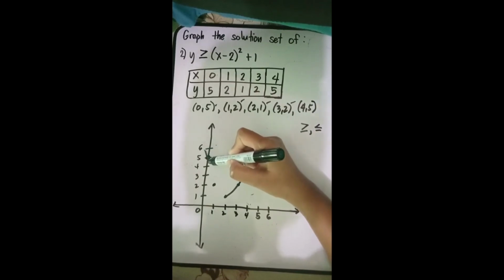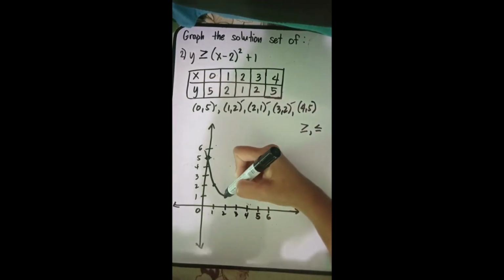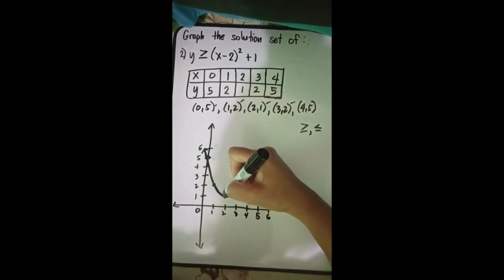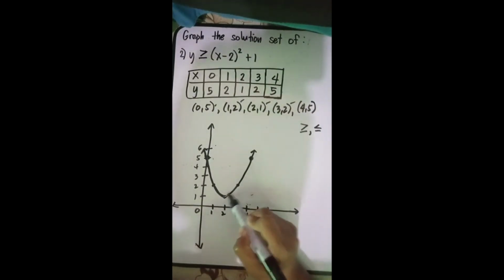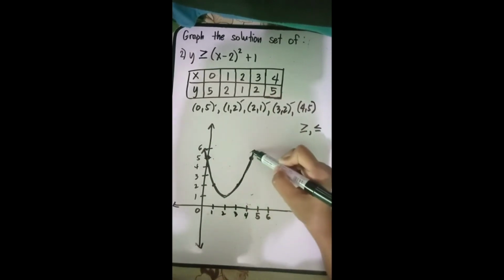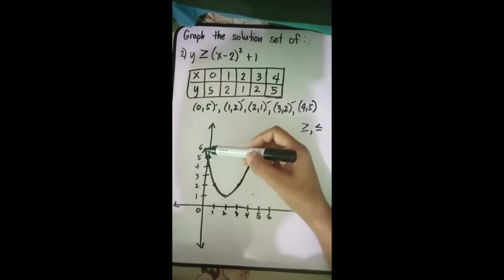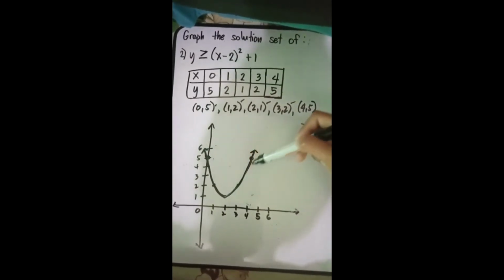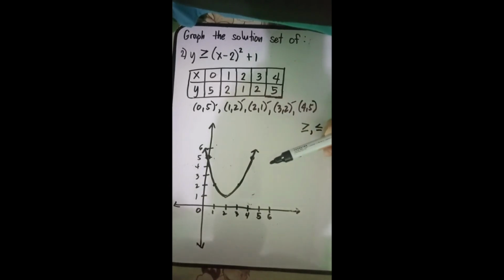Hindi na siya dash. Okay? So, again, lagyan natin ng arrowhead yung parabola natin dun sa magkabilang end to indicate that our parabola, since it opens upward, goes upward indefinitely. So, ibig din sabihin nito, since solid yung parabola natin, lahat ng points along the parabola will be part of our solution set. Okay?